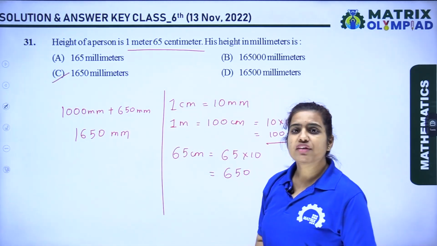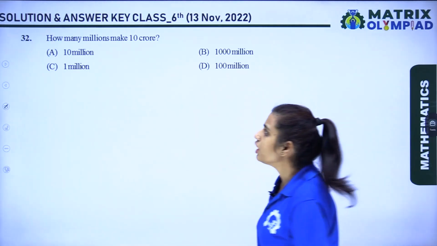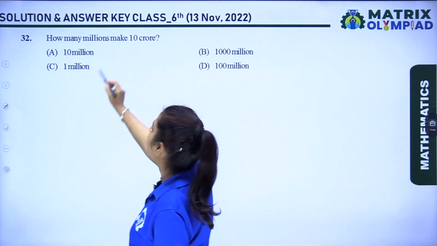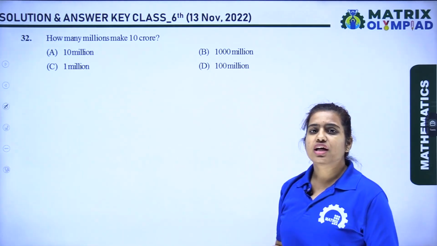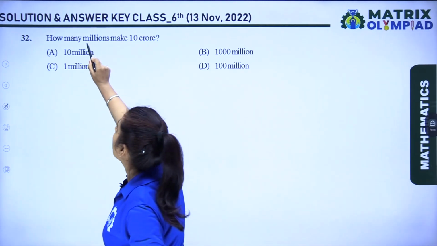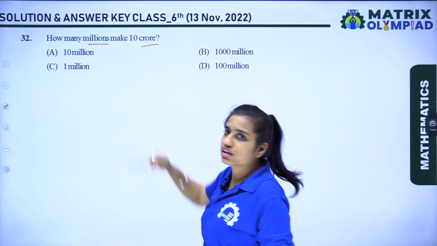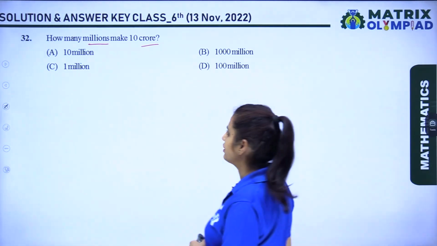Now let's begin with the next question, that is question number 32. Question number 32 says, how many millions make 10 crore? Now here we have to use international system and Indian system to check how many millions make 10 crore. So let's write down first Indian system.